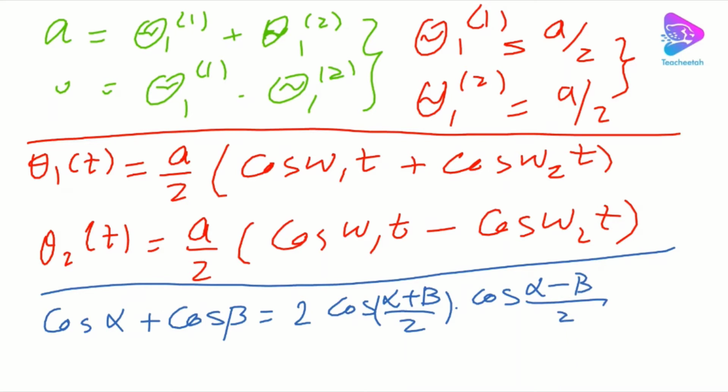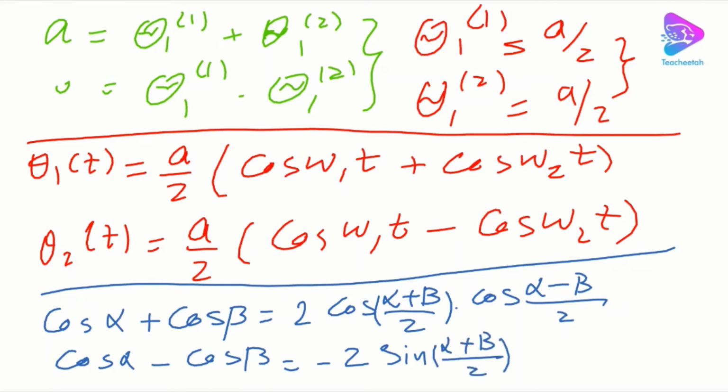I'm sure you could find it in many calculus books, or in our videos in this channel on calculus or differential equations. We also have cos alpha minus cos beta, which is equal to minus 2 sine of (alpha plus beta) divided by 2 times sine of (alpha minus beta) divided by 2.